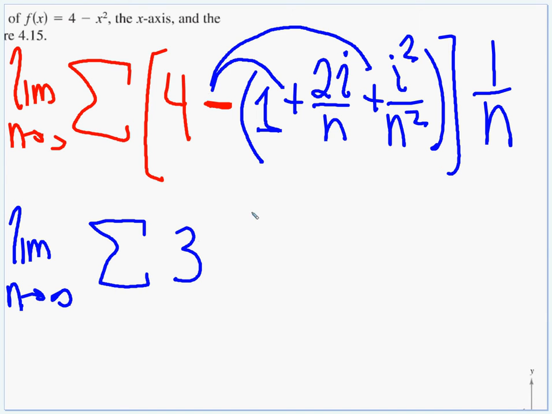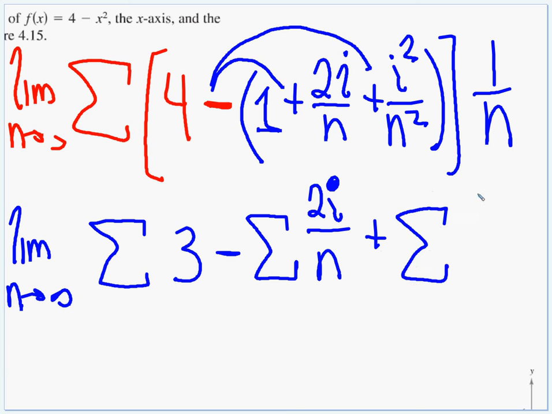And then we'll distribute that negative. So we're going to have minus the summation of 2I over n, plus the summation of I squared over n squared.